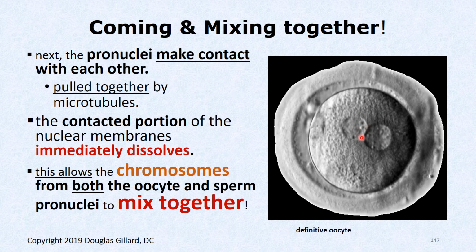This membrane will dissolve, and the genetic material, the chromosomes, will all mix together. Remember, each chromosome has only one centromere at this time. So here's one centromere, but through interphase, they've duplicated the chromatid, right? But that's still called one chromosome.